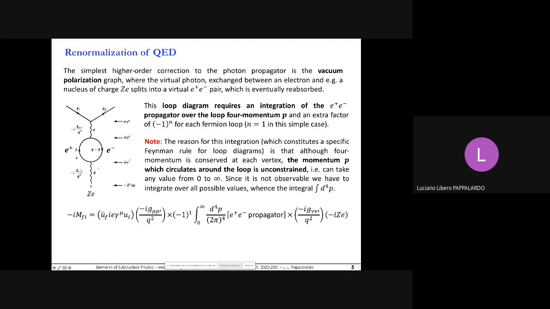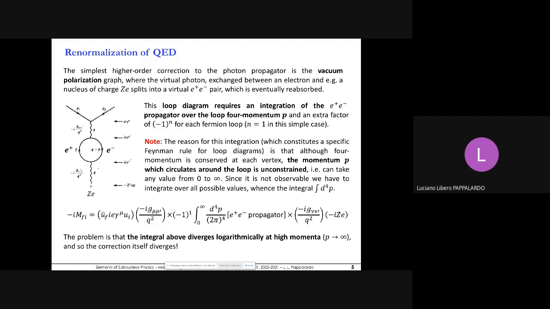Then we have the integral over the four-momenta of the e+ e- propagator, which corresponds to all these objects here. Then we have again the photon propagator for the final state photon, after the plus and minus are recombined. And finally, we have the vertex factor at the end, including the charge of the atomic nucleus.